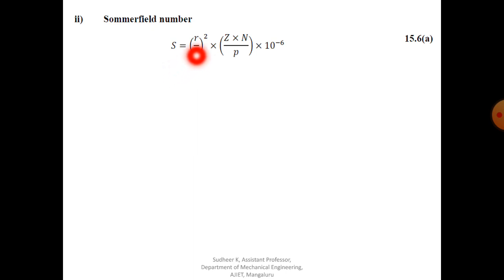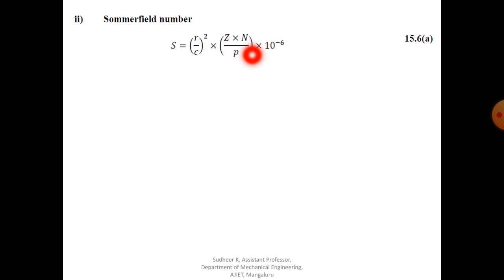It is nothing but (R by C) whole square into Z into capital N divided by P into 10 to the power minus 6. That is equation number 15.6a. R is the radius of the journal, C is the radial clearance, Z is the absolute viscosity, which should be in Pascal second.